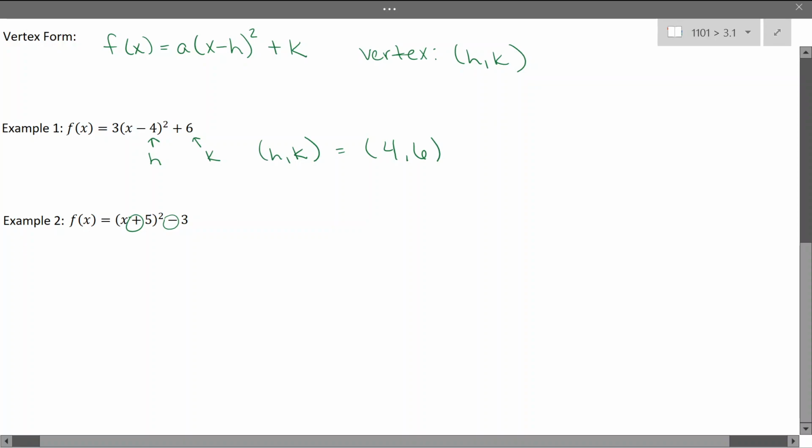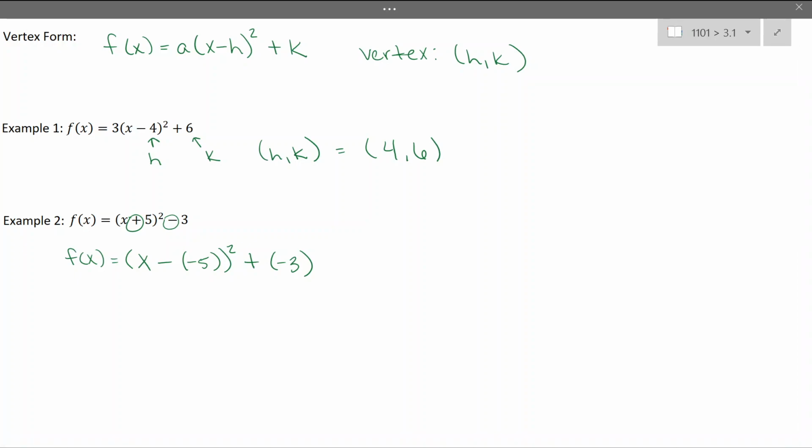But we can rewrite our function, f of x, to have the correct signs of the form if we have x minus negative 5 squared, because subtracting a negative is the same thing as adding, and we have plus negative 3, because adding a negative is the same thing as subtracting.